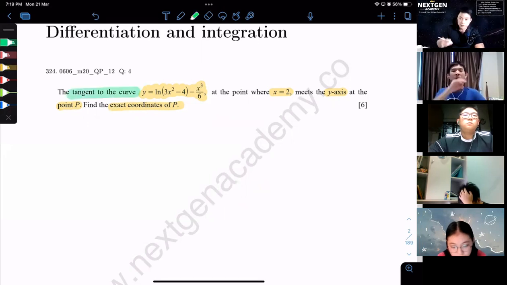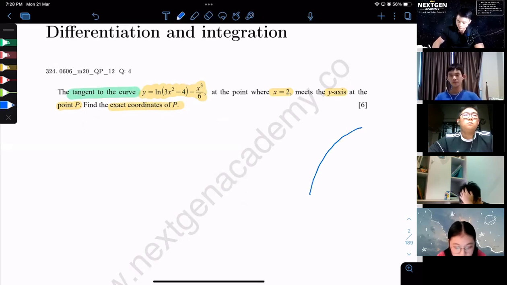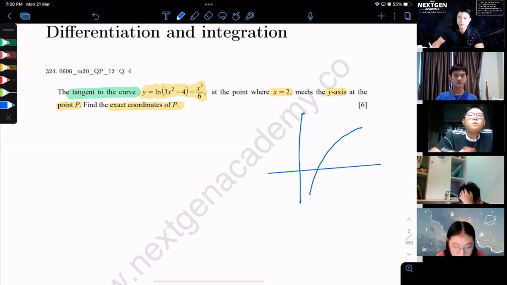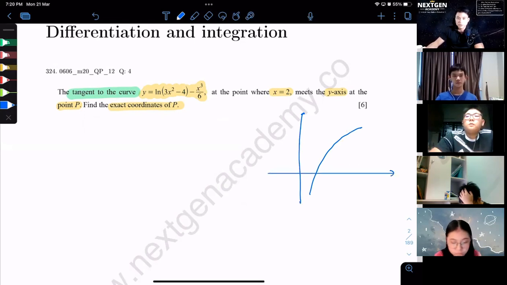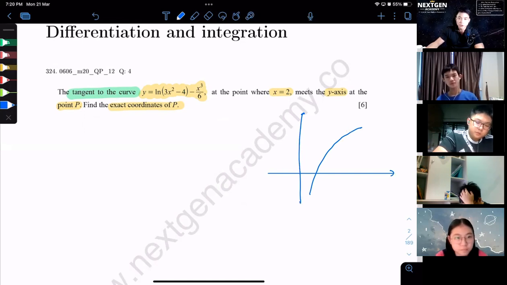If I were to put it in a diagram, let's say I have a ln graph. I don't know how the graph looks like, maybe something like this, but let's just roughly sketch it out. So the tangent to this curve at the point where x equals 2 meets the y-axis.